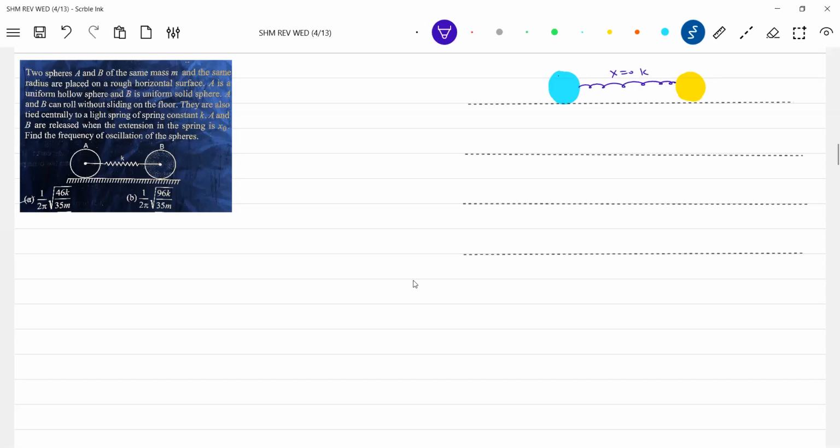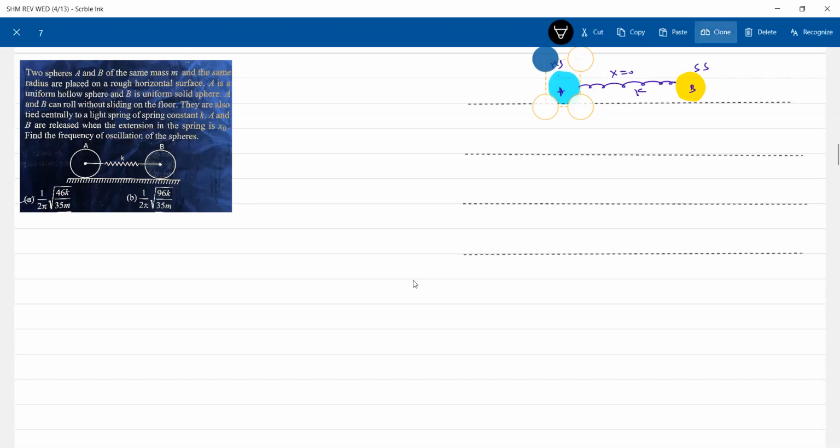This is the uniform hollow sphere, sphere A, I'll call it. It is understood, sphere A is a uniform hollow sphere, the other a solid sphere. Initially the spring is relaxed. Okay, fine. Now what we do is I'll stretch it, then somewhere here.